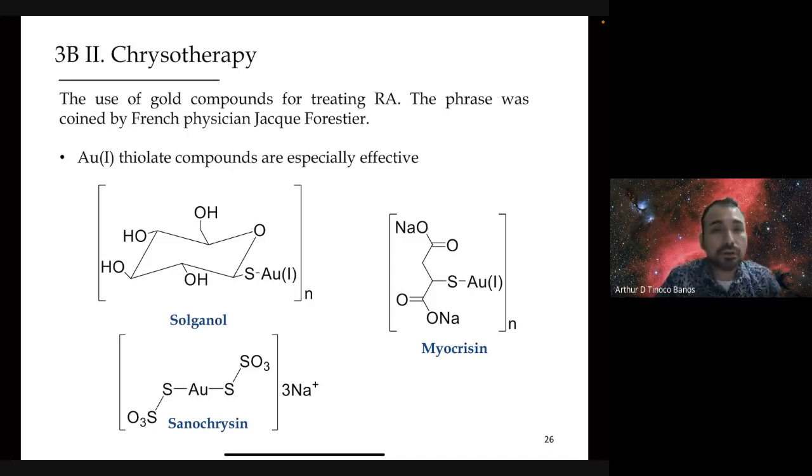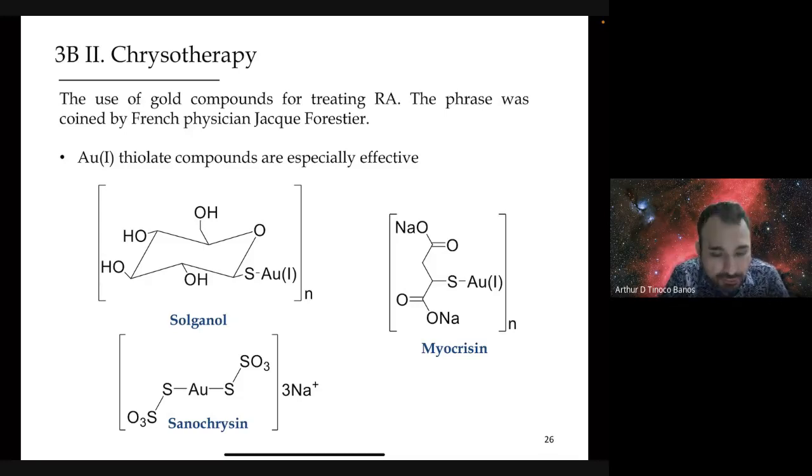And so for the longest time, cryotherapy was in development and was applied for the treatment of rheumatoid arthritis. So this is the use of gold compounds, and I've introduced this previously in the context of gold applications for anti-cancer therapy.